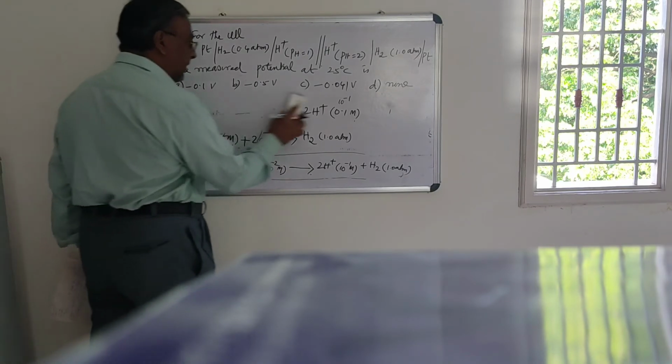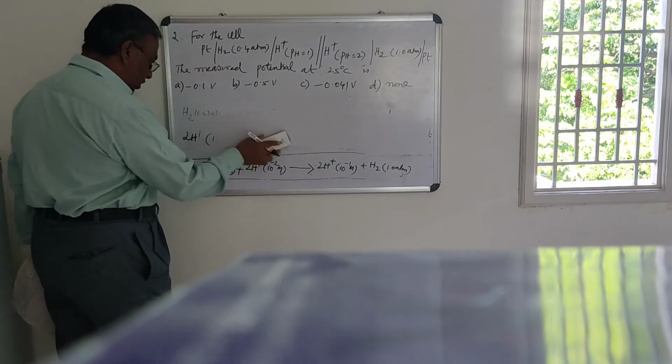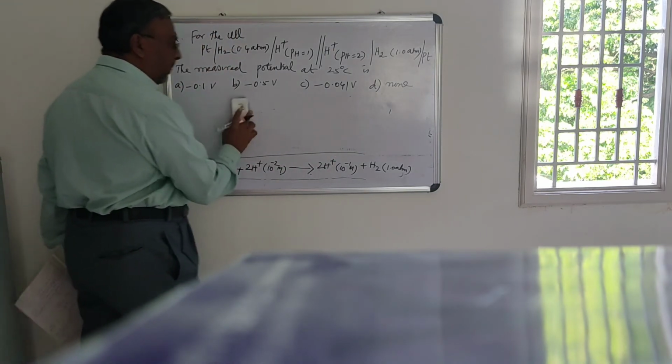Now we have to write the Nernst equation to find out the EMF of the cell.